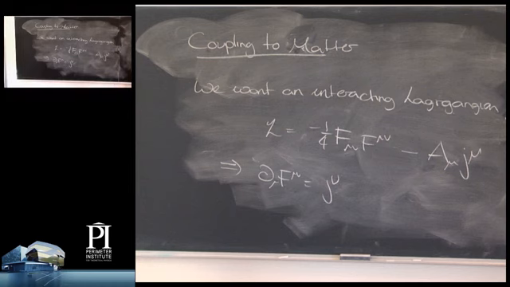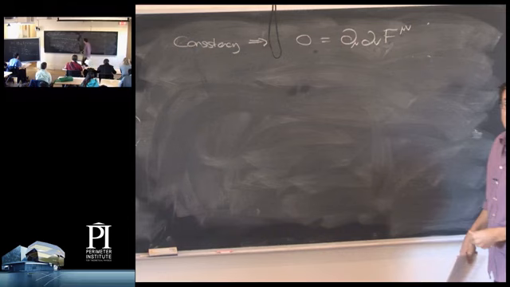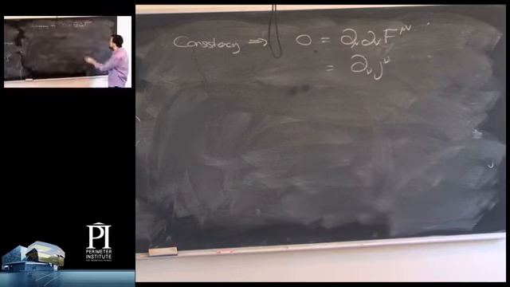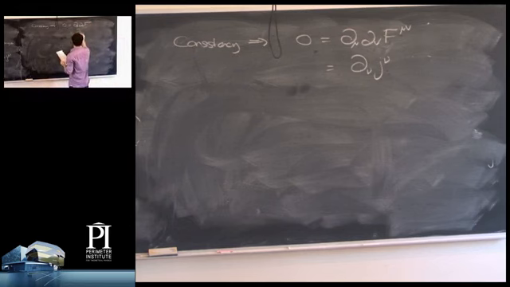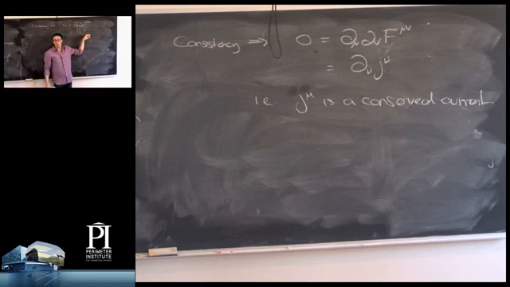However, it turns out we can't put any function of other fields as J mu, because there's a consistency condition. Just by symmetry, if I act with another derivative, this is symmetric, this is anti-symmetric, so it's 0. Which means that this current has to obey d nu J nu equals 0 when the equations of motion are obeyed.